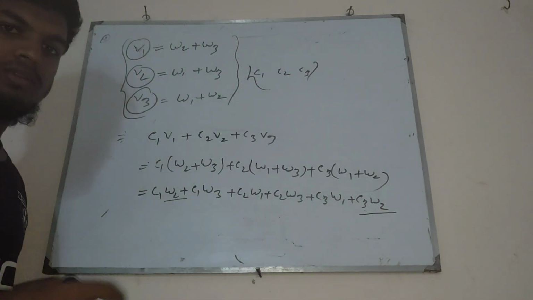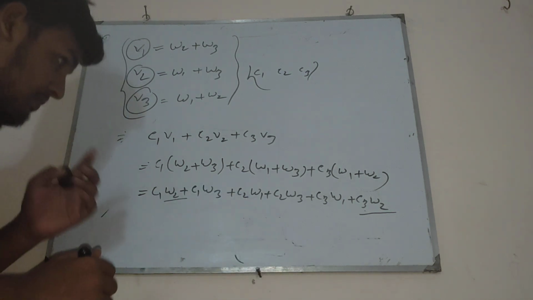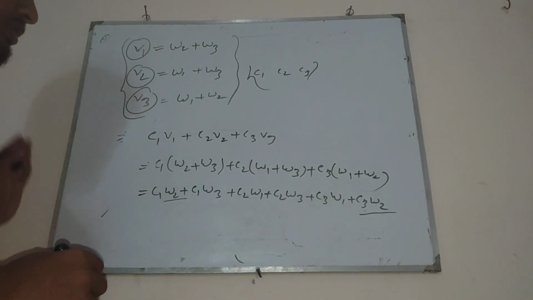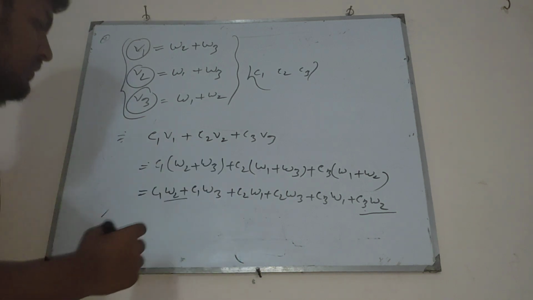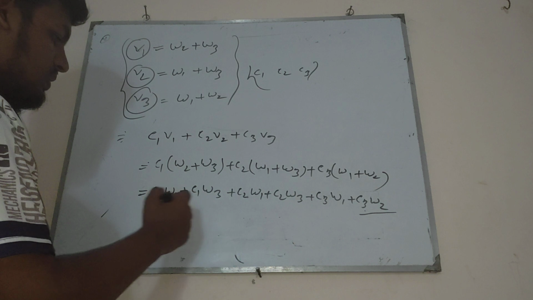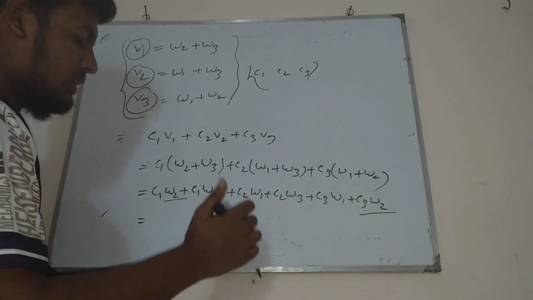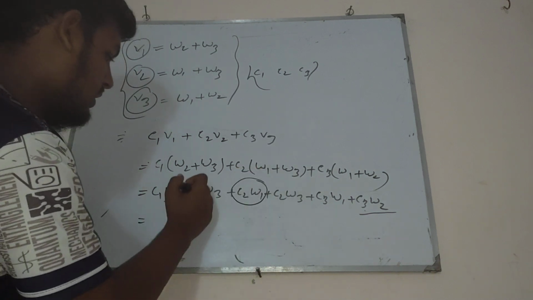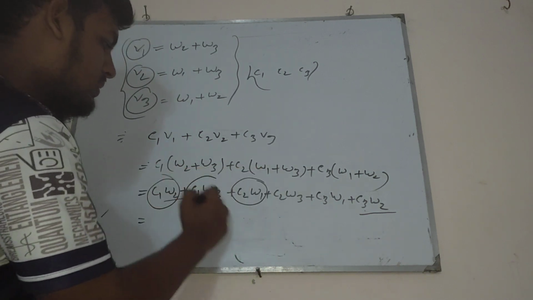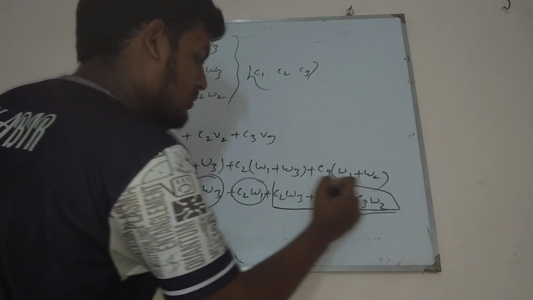We can solve this problem in multiple ways, but I am solving it considering one way. So take the common terms together, like here is a w1, here is a w2, and here is a w3, and here are also w2, w1, w3.